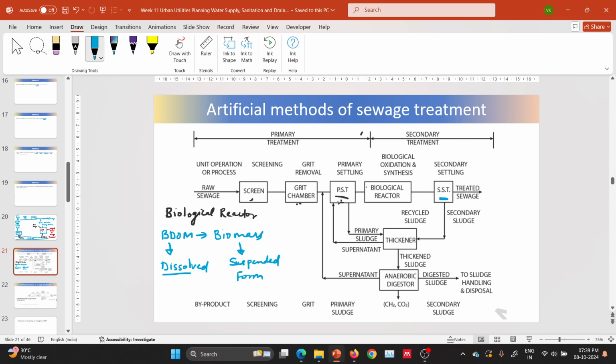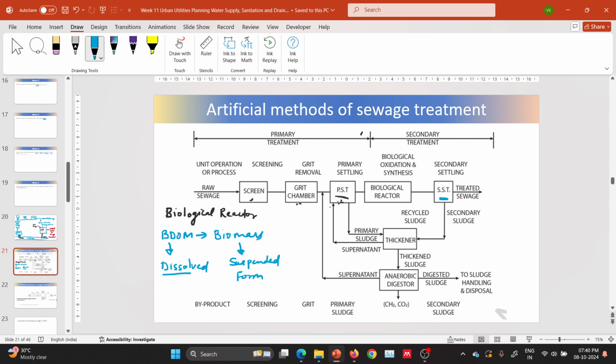So now what is happening here? The PST and SST both will produce sludge. Both sludges have the capability to hold moisture content. So the sludge is then mixed and passed through a thickener. The thickener will remove the water from the sludge, and the water which is removed is sent back to the PST, because the water may contain some suspended and dissolved organic matter.